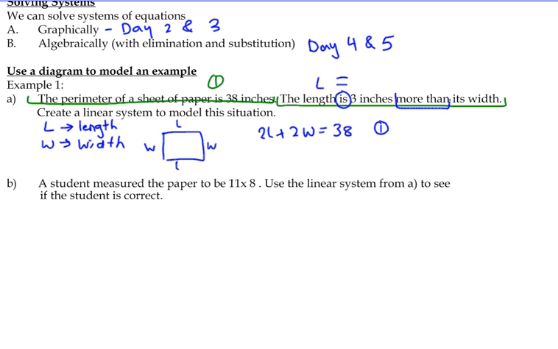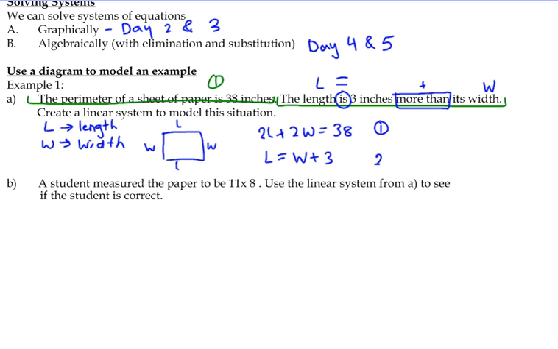What is "more than"? Addition. 3 more than its width. How would I write 3 more than its width? Width is W, so length equals W plus 3. We always put the variable first and then the plus 3. If it was less than, it would be W minus 3. 3 less than the width would be W minus 3.